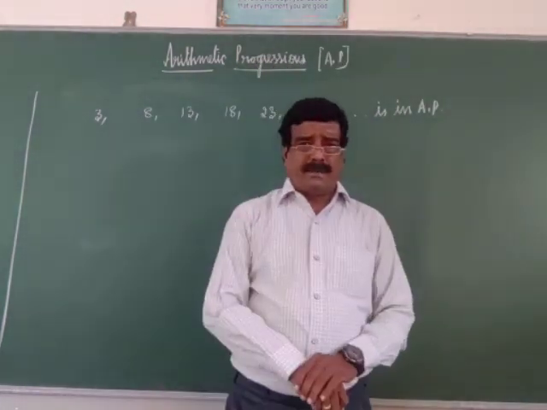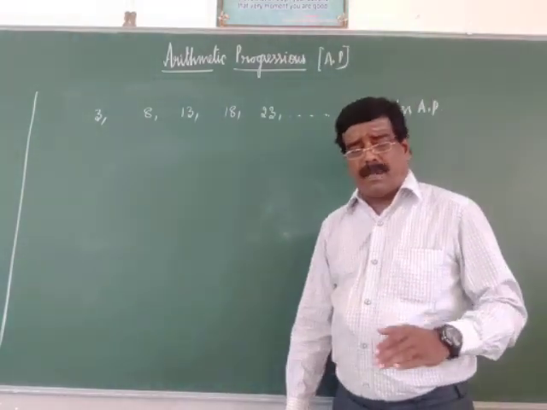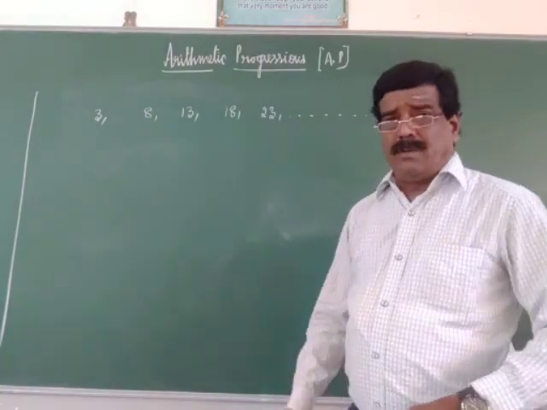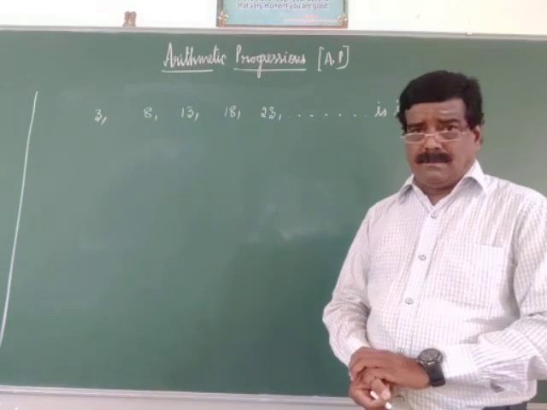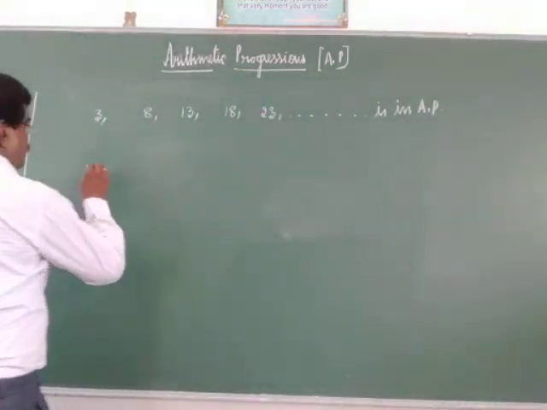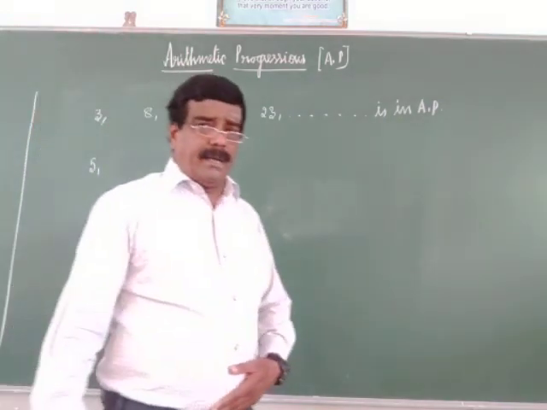Children, after viewing this, please take a sheet of paper or book. Start writing your own examples like this, which will give you practice for how the AP will be. Now let me say another example. I want 5, the first number I need is 5.